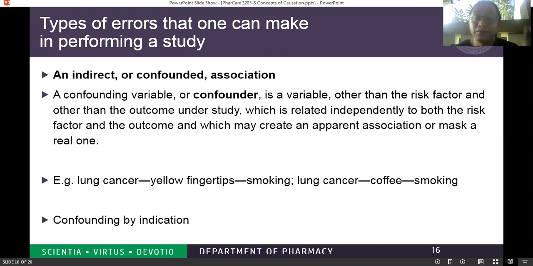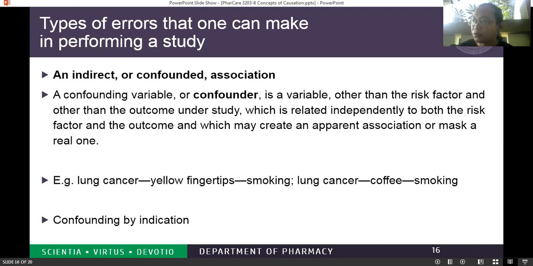So, for example, we develop a new drug for diabetes, and then we find that some of the patients that take this new anti-diabetes drug may develop acute renal failure.